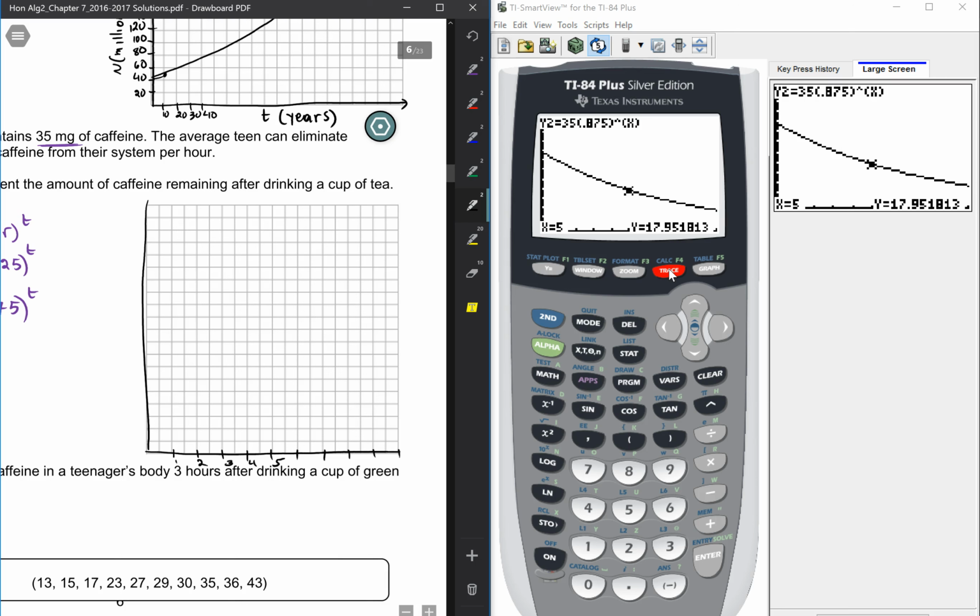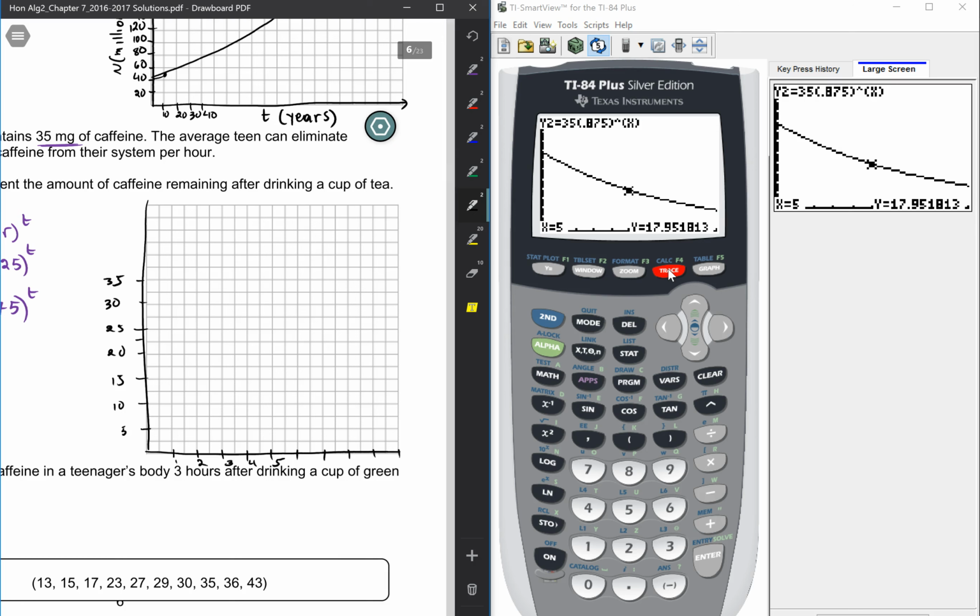And here we said we're going up to 50, so I can make each one of these 5 probably. Really 35 is the highest I need to go.